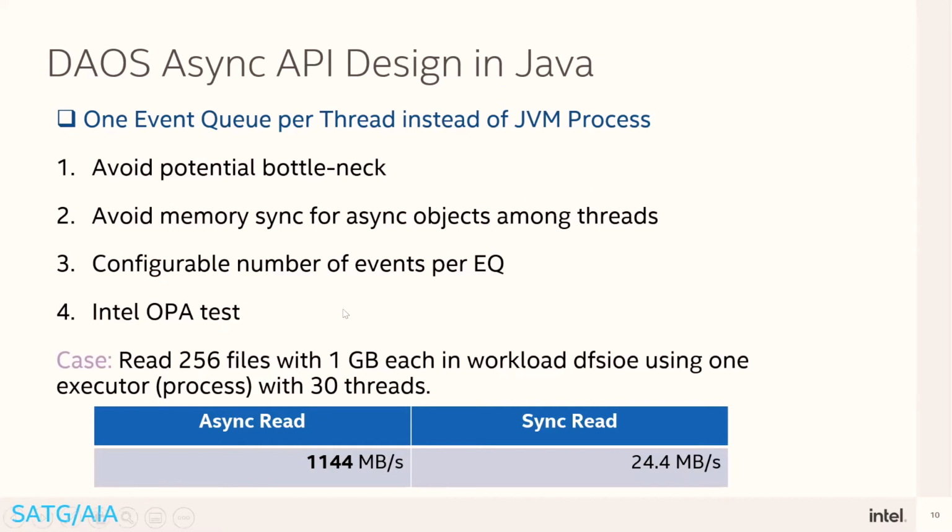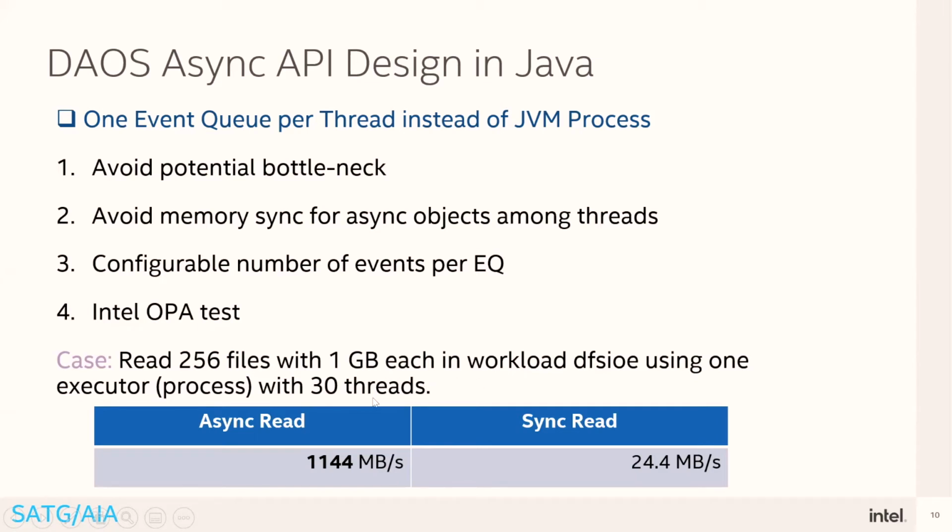We did some tests on the Intel OPA network with the PSM2 provider. You can see there's some performance data, and we use the workload DFS IOR. It's just a workload to read and write data directly to DAOS.